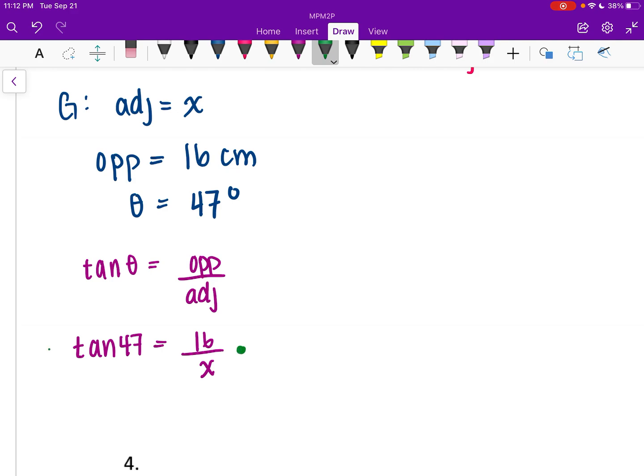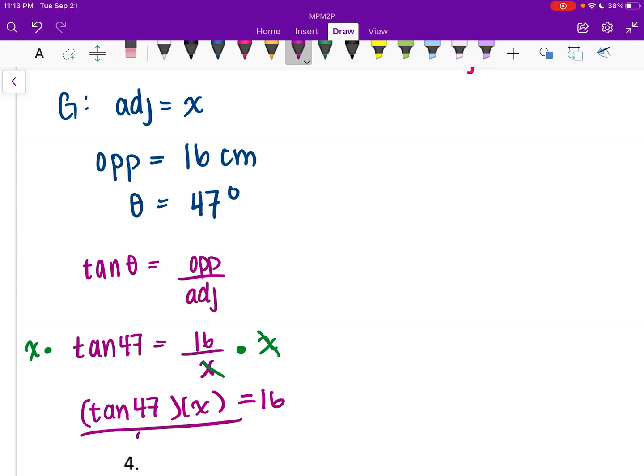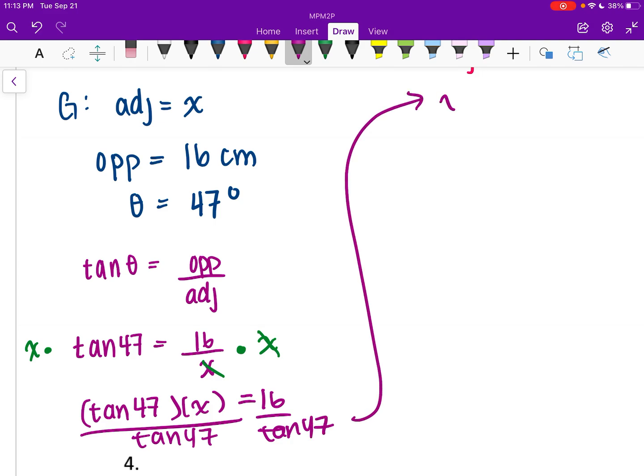So I'm going to multiply both sides by x. So I'm left with tan 47 times x is equal to 16. Now I want to get that x by itself, so I got to divide by tan 47. Right? Divide by tan 47. So my x is going to be, x is equal to 16 divided by tan 47.